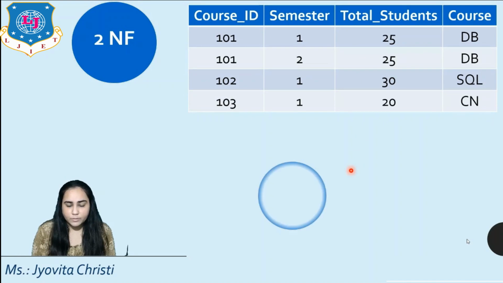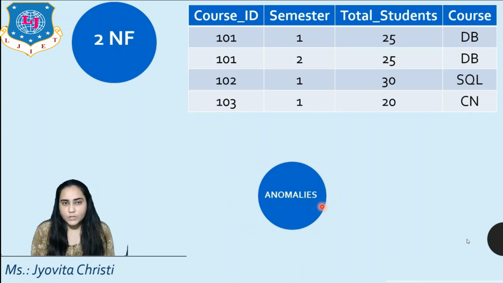This is our table, and the problems created because of the relation not being in a particular normal form are known as anomalies. And anomalies are created because of redundancy. Redundancy is duplication of data, and you can see in this table that the name of a course is duplicated.